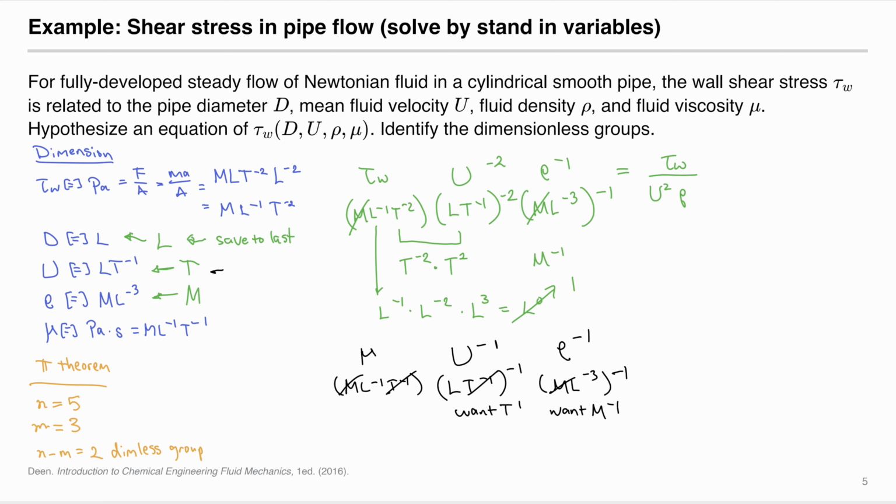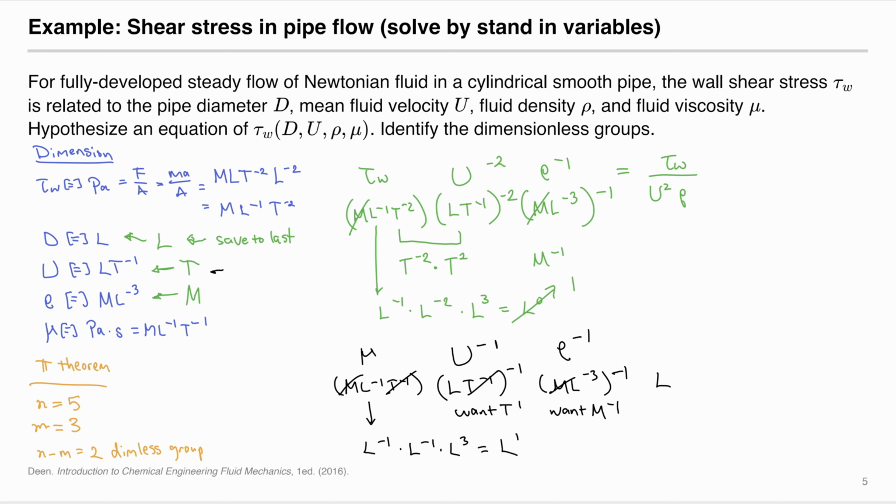Finally, I'll deal with L. I have L^-1, here is also L^-1, and here I have L raised to the power of 3. So I already have an L to the first power. Now I can finally deal with the standing variable for L. What exponent should I raise it to?